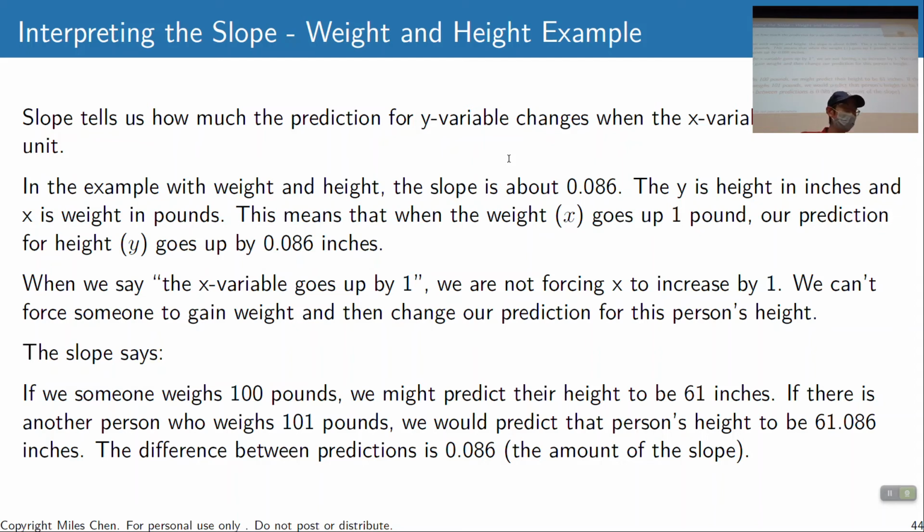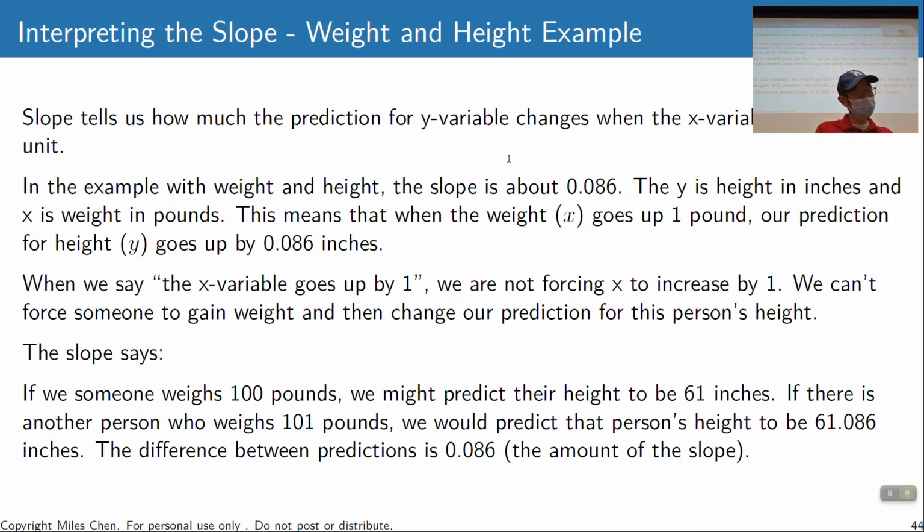All we're saying is that if one person weighs 100 pounds, maybe we predict their height to be 61 inches. I'm just making this up. And if there's another person who weighs 101 pounds, then knowing nothing else about this person, all we know is this person weighs 100 pounds, this person weighs 101 pounds. We don't know anything else. If we had to predict this person's height, we predict them to be 61 inches.